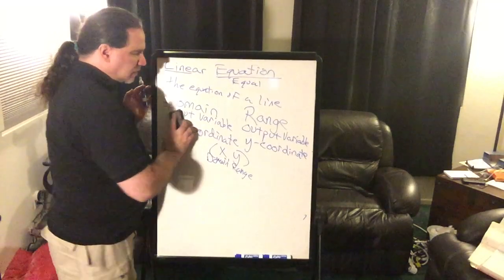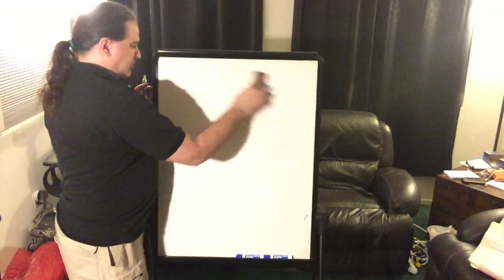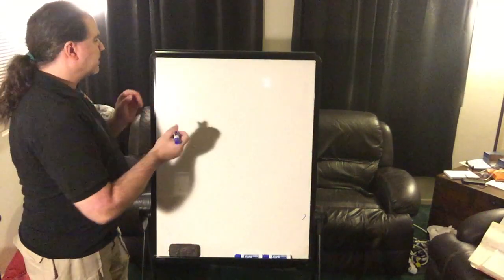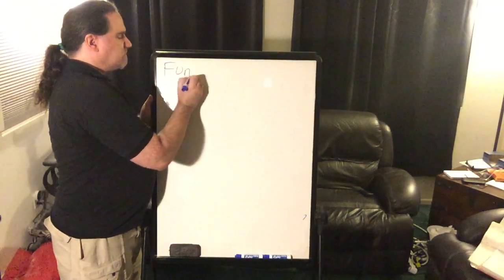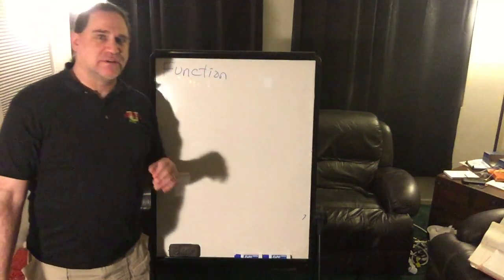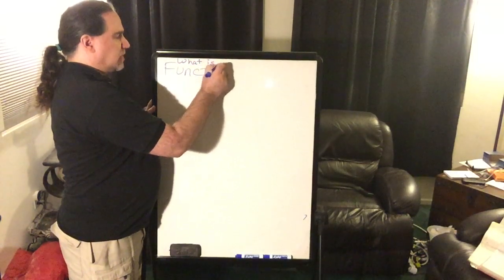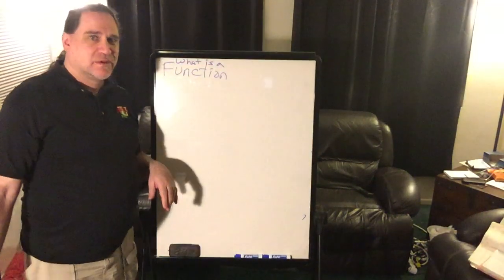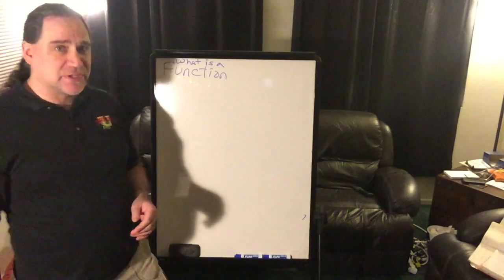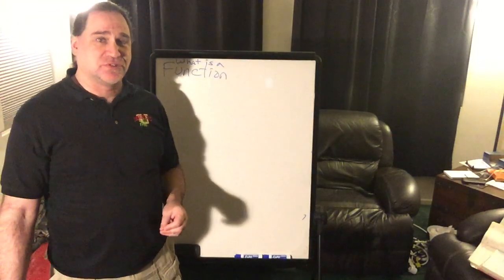All right. Now, another aspect of linear equations is the word function. Okay, what is a function? I can give you a very textbook definition, and I'd rather not dwell on the exact textbook definition too much.